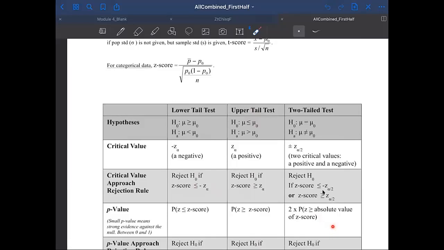But say you get super confused and you don't have a clue, you probably want to refer to this table. But this table requires you to be able to distinguish between a lower, upper, versus a two-tailed test. So this is helpful if the bell curve approach, which I'm going to demonstrate later on, doesn't work for you. So you better be sure you know how to tell lower versus upper versus two-tail, right?